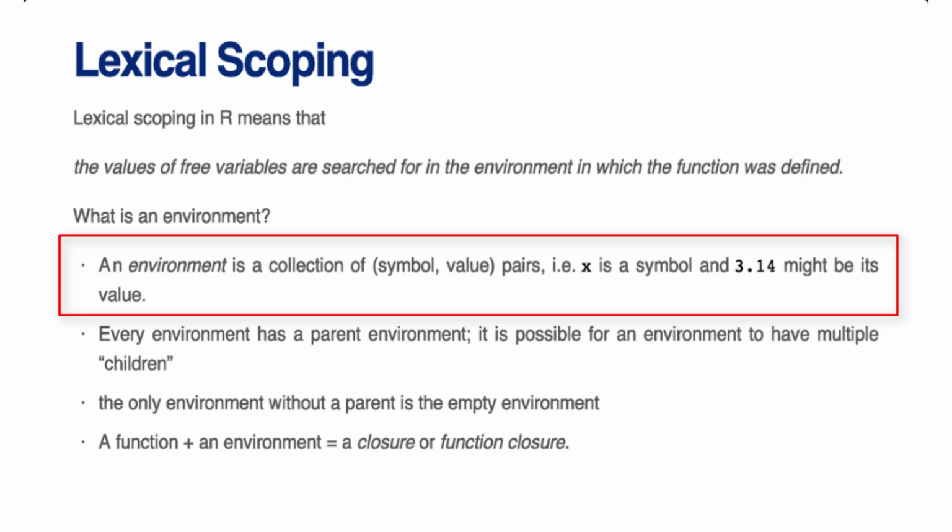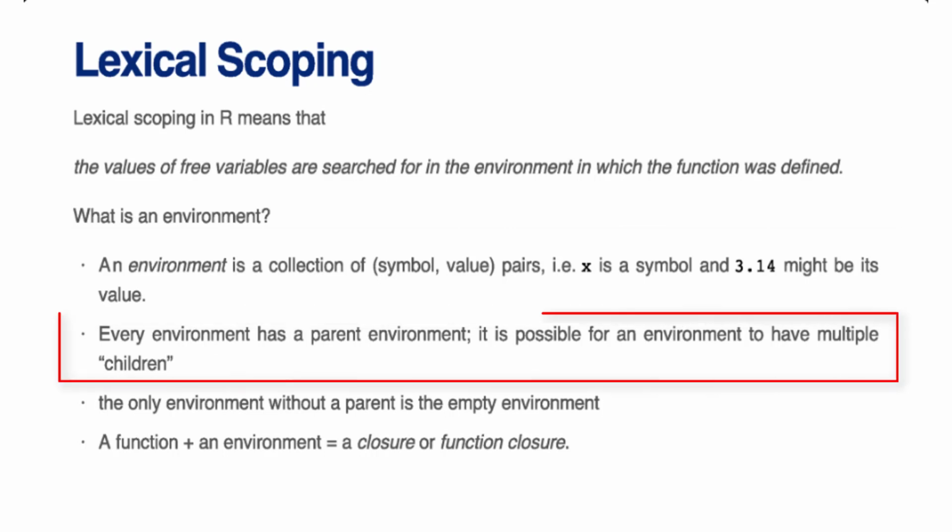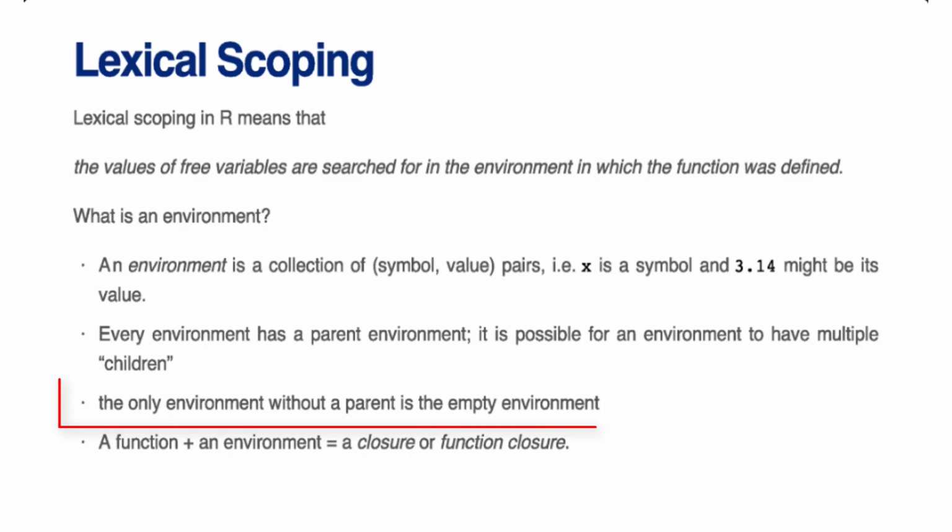So another symbol might be y and its value is a data frame, for example, and so every environment, which is a collection of these symbol value pairs, has a parent environment. So it's kind of like the environment that sits on top of it, that it inherits from, and it's possible for an environment to have multiple children. So there might be one parent environment and many children environments. And so there's only one environment without a parent, and that's the empty environment.